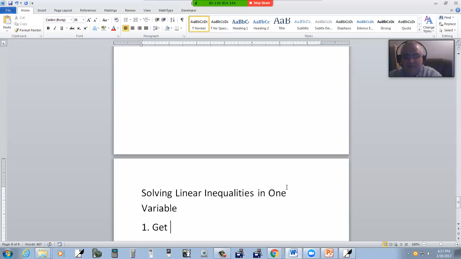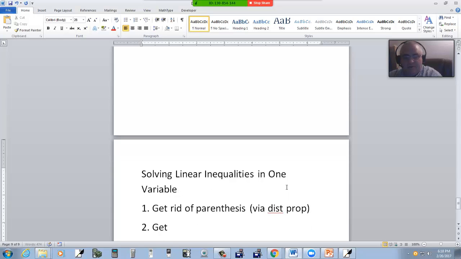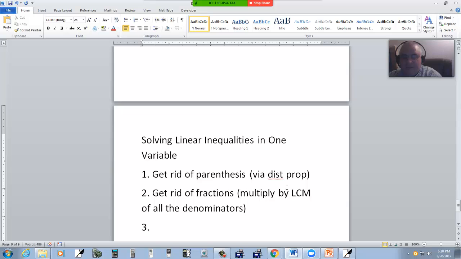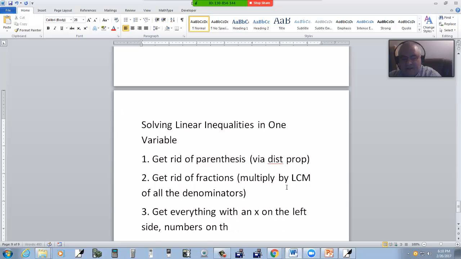Step 1, get rid of parentheses. We do that via the distributive property again. Step 2, get rid of fractions. We multiply by the LCM of all the denominators. Step 3, get everything, talking about terms, with an x on the left side, numbers on the right side.